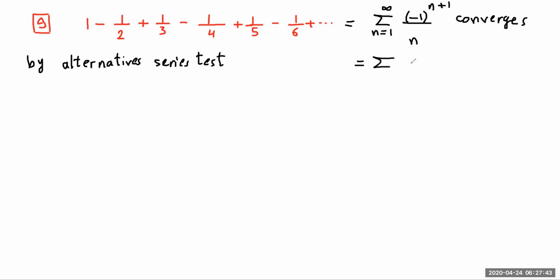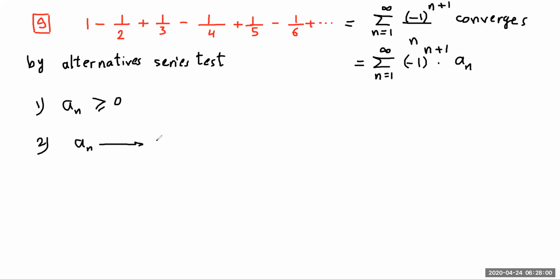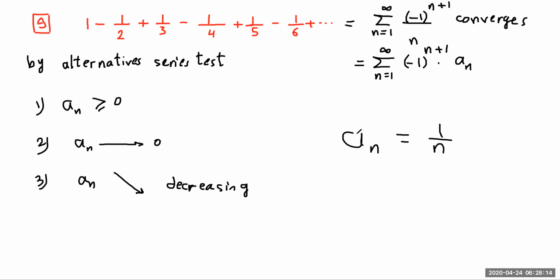If I call this sigma minus 1 power n or n plus 1 from n equal 1 to infinity times an, here I have the conditions of the alternating series test: an must be positive, an approaches 0, an decreasing. And my an in this exercise is 1 over n. So all the conditions are correct, so the series converges using the alternating series test.